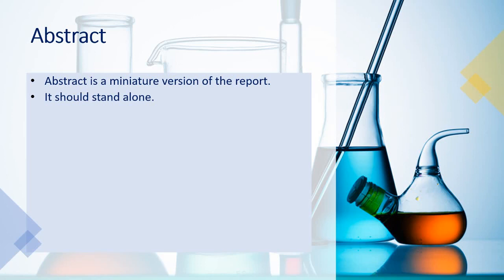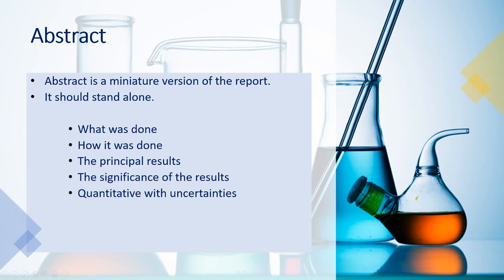It answers briefly what was done in the experiment, how it was done, the major results that were obtained from the experiment, the significance of the results, and some quantitative values or data that were obtained from the experiment.